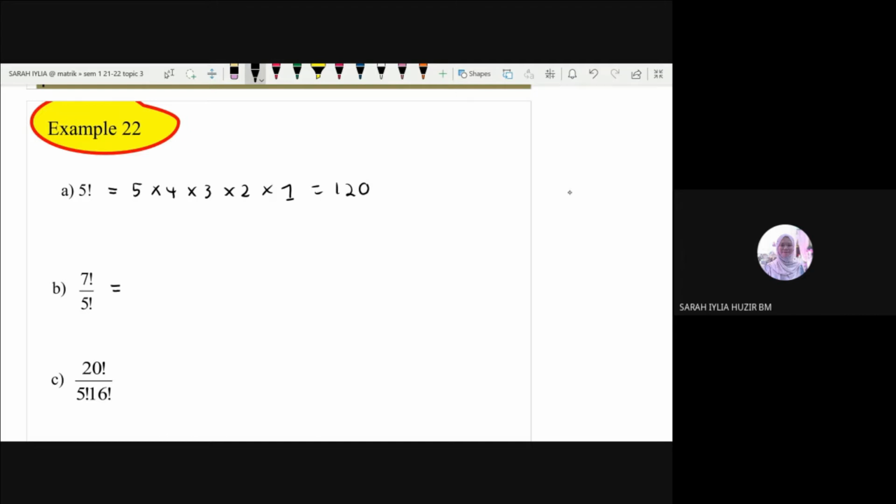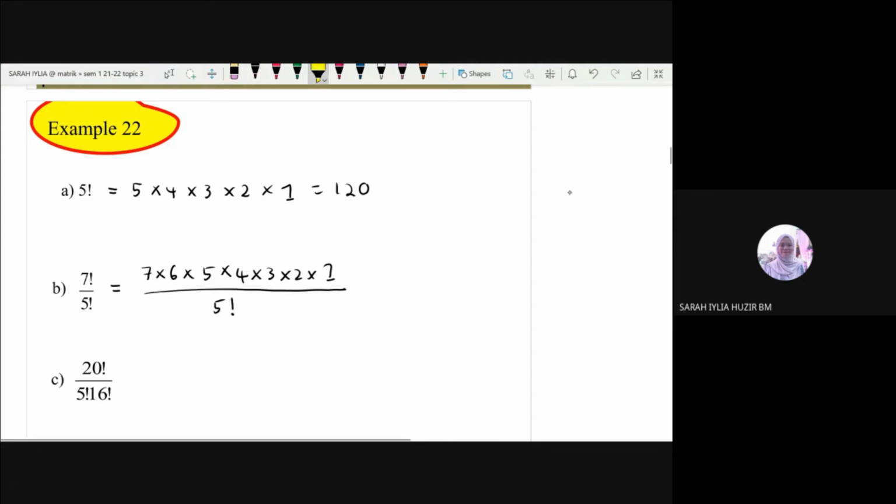Okay. Next. 7 factorial over 5 factorial. Ini pun tekan calculator terus dapat jawapan. But I want to show how to simplify certain things. Okay. Like saya buka dulu 7 tu. So 7 times 6 times, sekejap ya, komputer saya macam lagging tiba-tiba. Okay. 4, 3, 2, 1. Okay. Over 5 factorial.